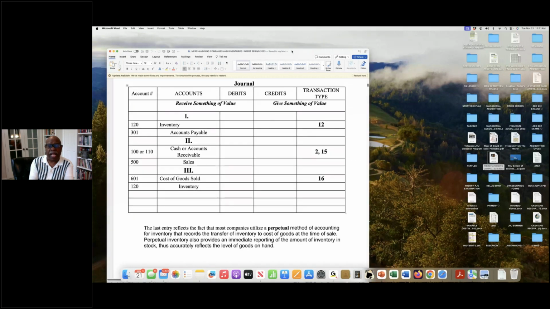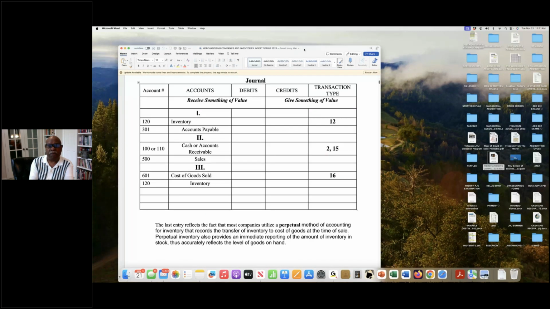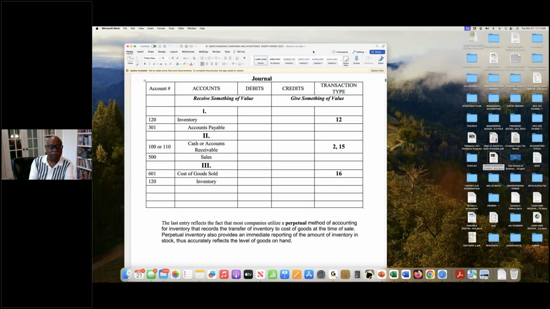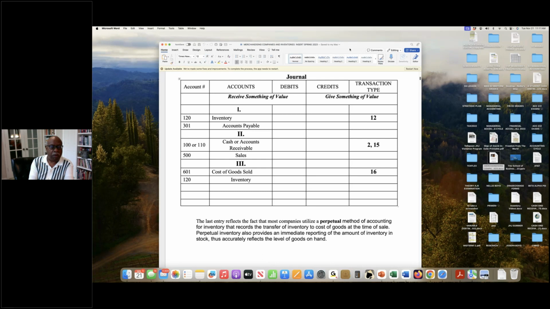And in changing our approach, we're going to be the ones selling the inventory. So instead of what we traditionally do, what we're going to buy, we're going to look at what we're going to sell.